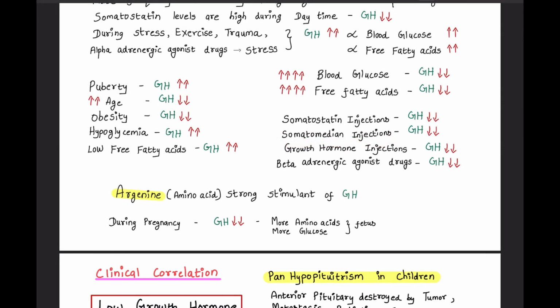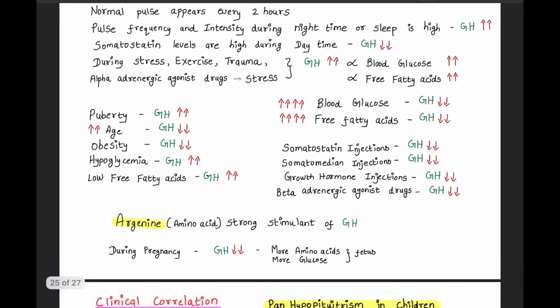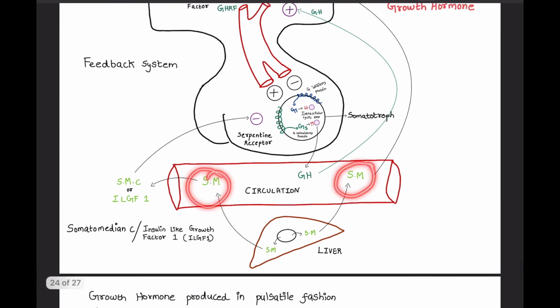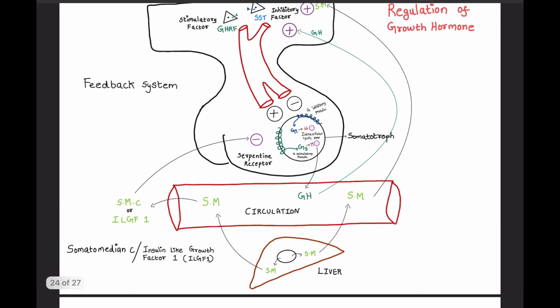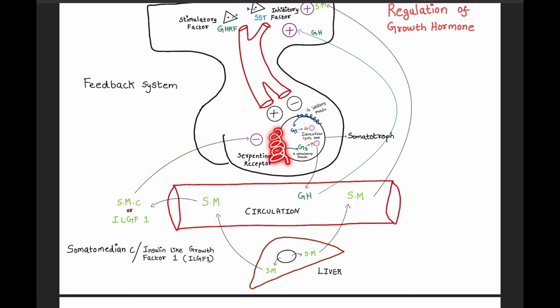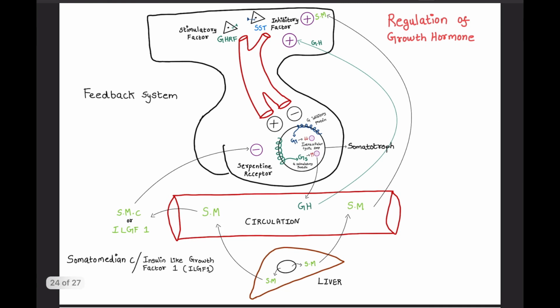If you take somatomedin injections, the somatomedin levels in the circulation will be higher. We have already discussed that whenever there is an increase in the level of somatomedin, either somatomedin C or insulin like growth factor will inhibit or deactivate the serpentine receptor so that the G stimulatory protein is not activated and growth hormone levels are decreased, or the somatomedin will act directly on the inhibitory factor and stimulate the somatostatin.